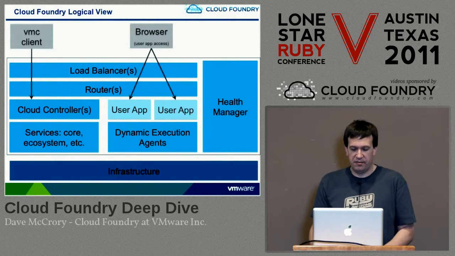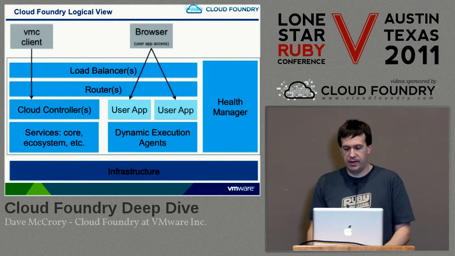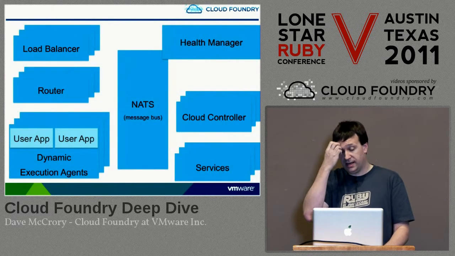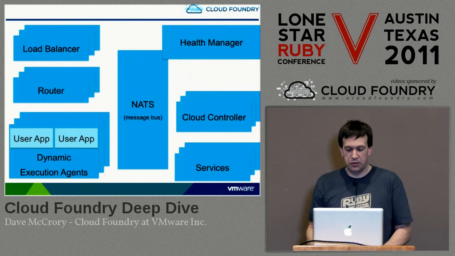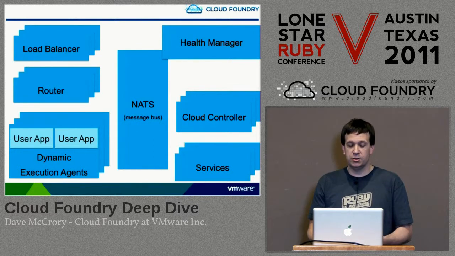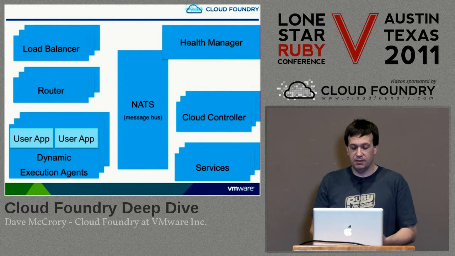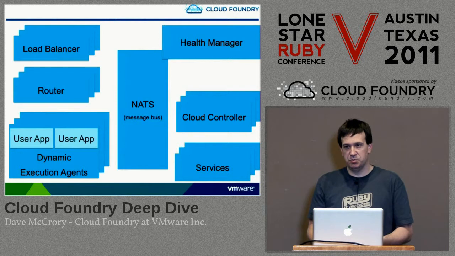So diving a little bit deeper into how that works, we have a series of components that I'll go through. This is really all of the different things that are happening inside of Cloud Foundry. There are load balancers, routers, a pool of DEAs. There's NATS, which is a message bus, and I'll go into a little bit more about what NATS is.